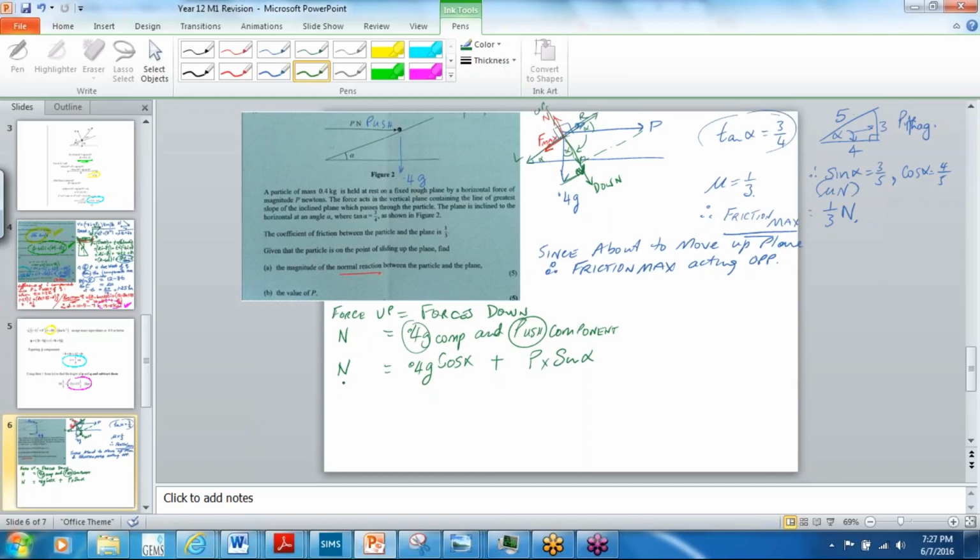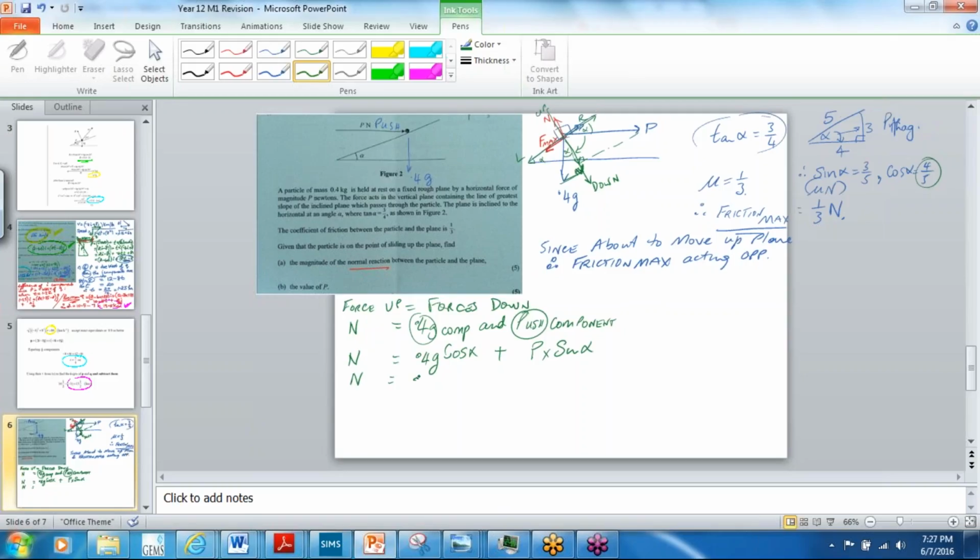Now, get this equation, N equals 0.4 G. We can work this one out because cos of alpha is 4/5. So 0.4 times G times 4/5. And this will be P times 3/5, which is sine.